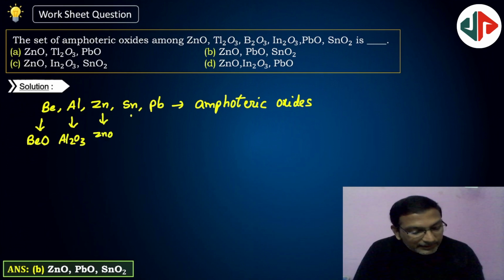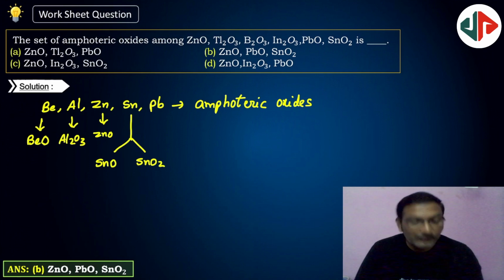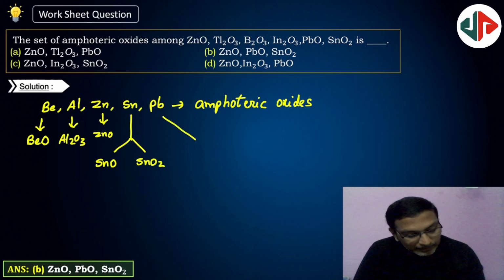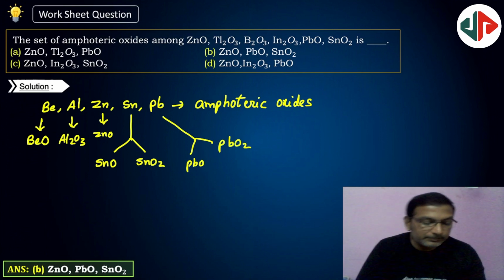In the case of tin, two types of oxides, SnO and SnO2. In the case of lead, also two types, PbO and PbO2. These are amphoteric oxides. Check the options.